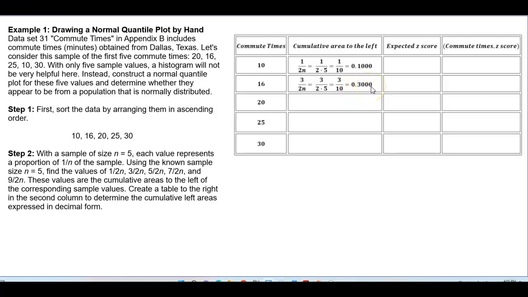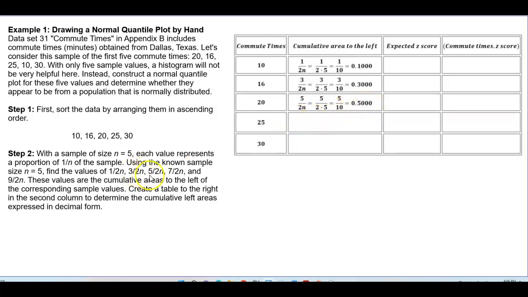And therefore, that area is 0.3000. The next fraction we have is 5/2n. Again, the value we plug in for n is 5, so we have 5/2 times 5, which gives us 5/10, and therefore a decimal of 0.5000.